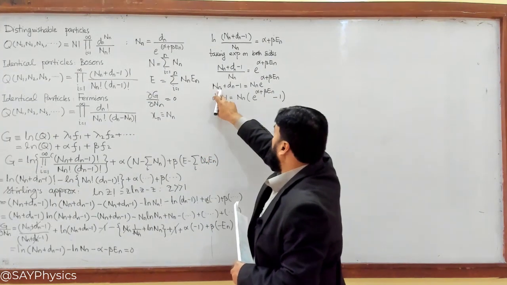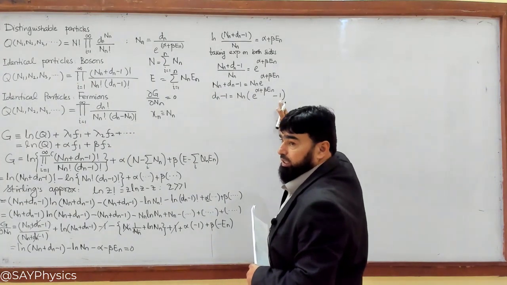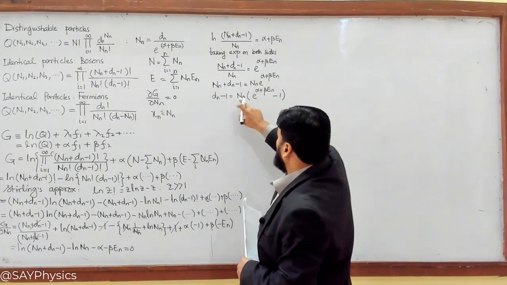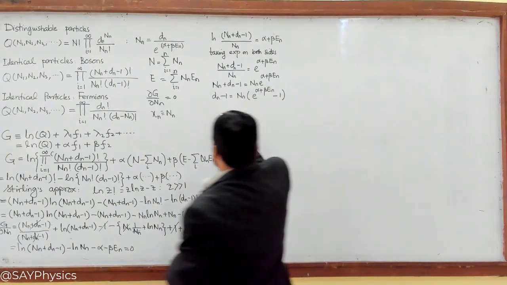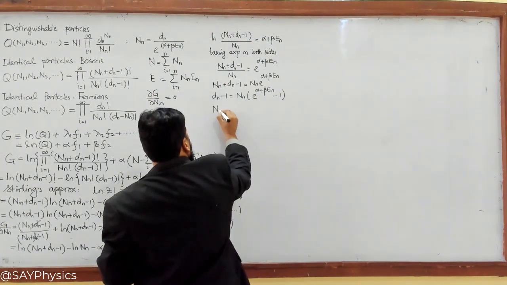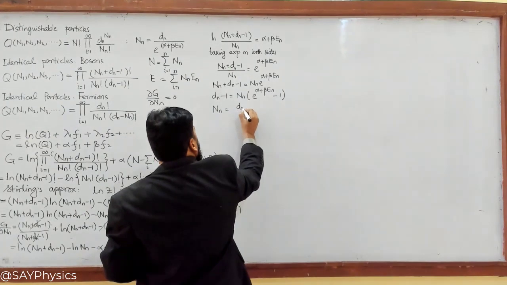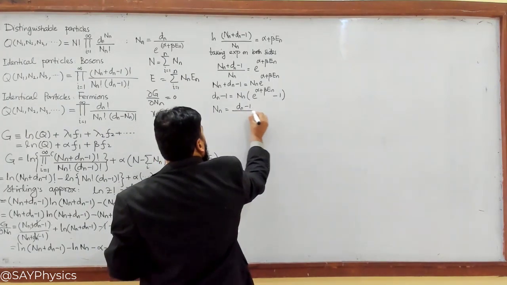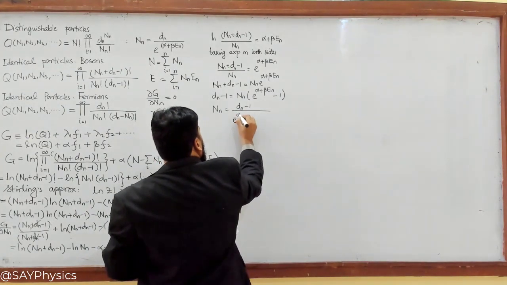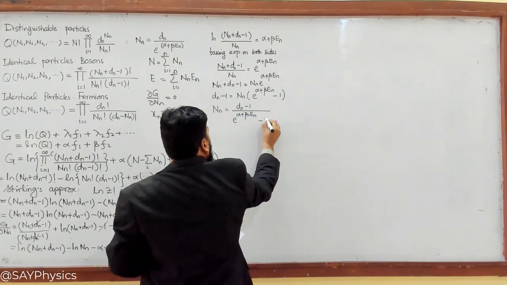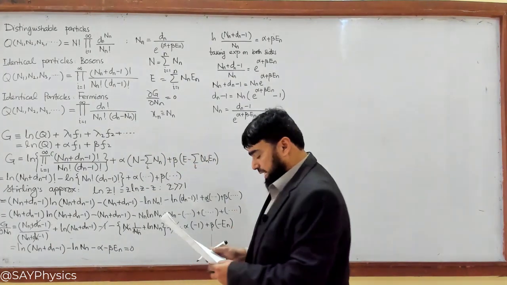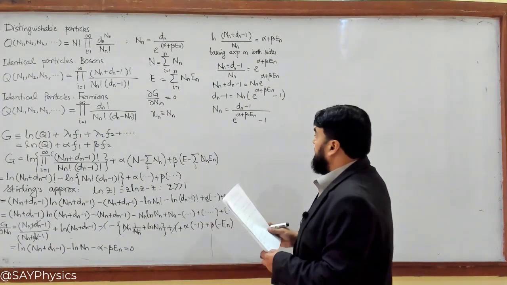Because when this nn comes on this side, it becomes minus 1, and nn is common here. Now nn is equal to dn minus 1 divided by e to the power alpha plus beta en minus 1.